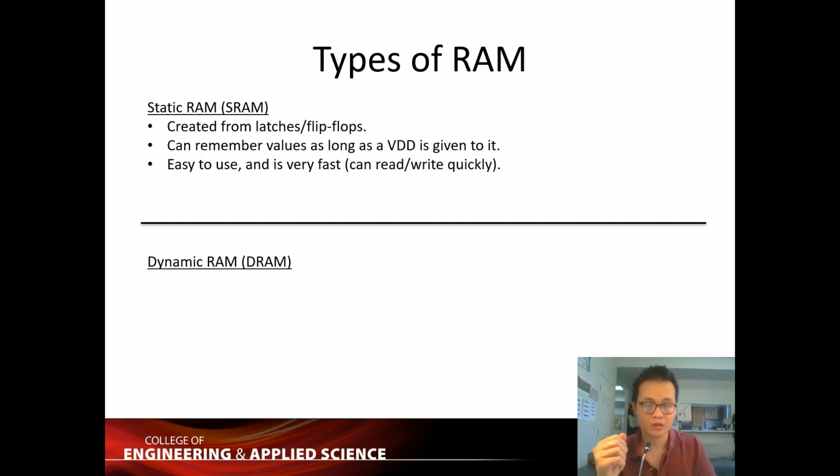Okay, so dynamic RAM also stores information in binary form, but instead of storing information in some latches, it actually stores information in the form of electric charge in a capacitor.